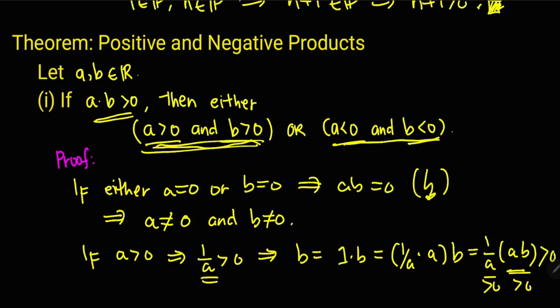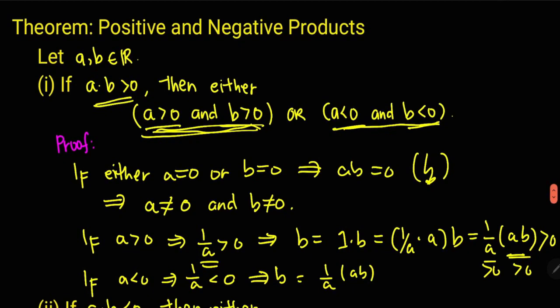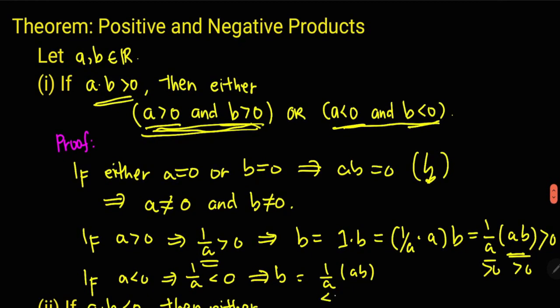But what if A is negative? So, on the other hand, if A is negative, then that means 1 over A must also be negative. Again, we can write B as 1 over A times the quantity AB. So A is negative, AB is positive.